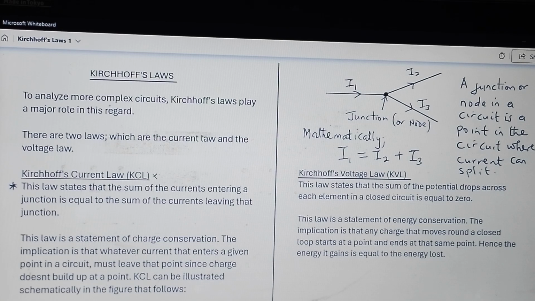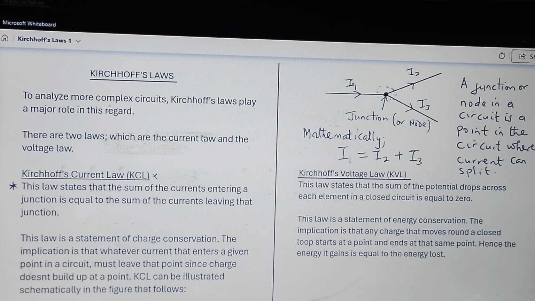Here, this is a junction. You can see it's well labeled. When we say a junction, we are talking about a point in a circuit where current can split.